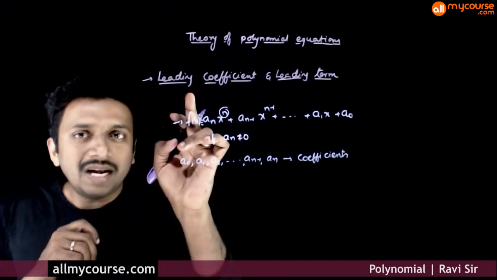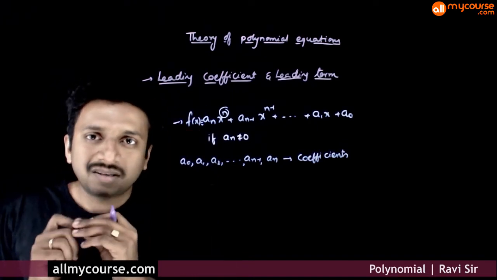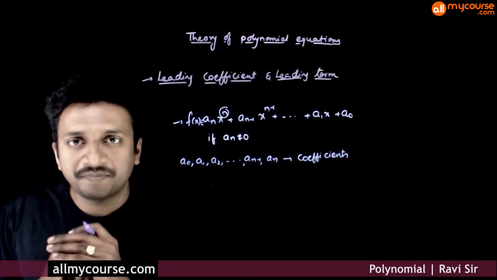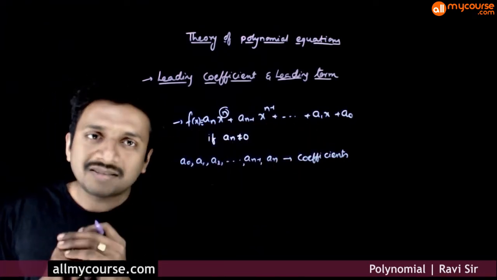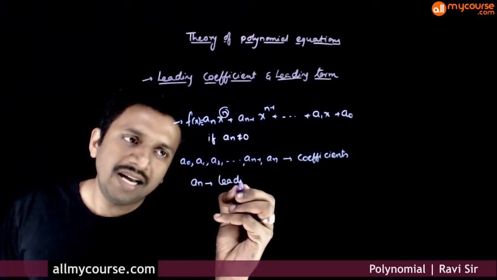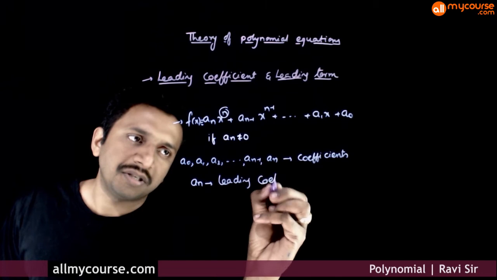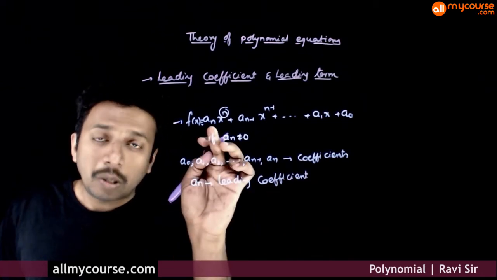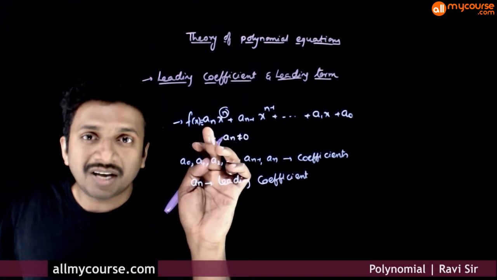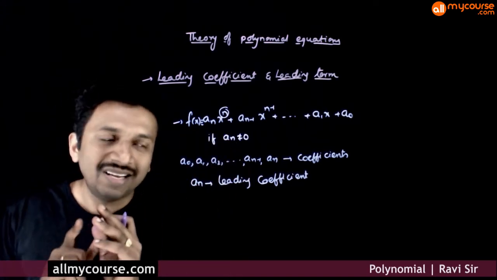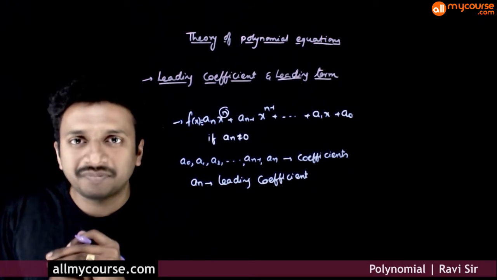Now, the leading coefficient is the coefficient of the highest power of x. In this case, an is called the leading coefficient. This an, which is the coefficient corresponding to the highest power of x, is called the leading coefficient.